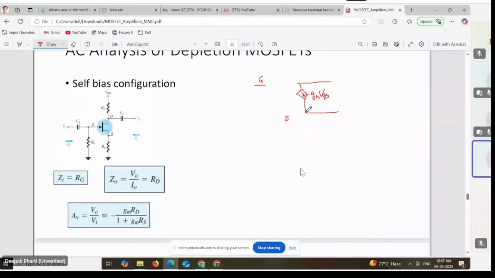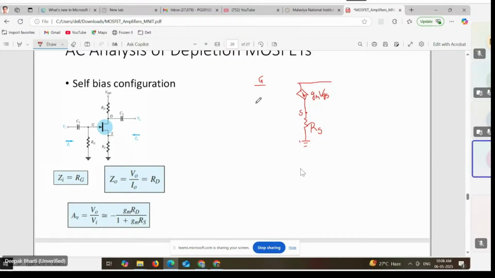So I have to draw RS, and RS is connected between source and the ground. Where is the source here? Source is this particular point. Okay, this is RS, and this point is your source.